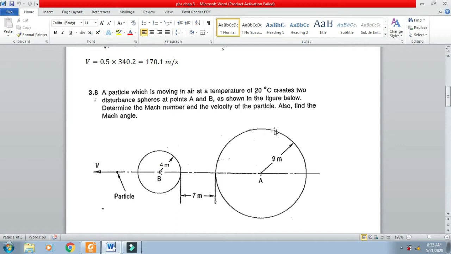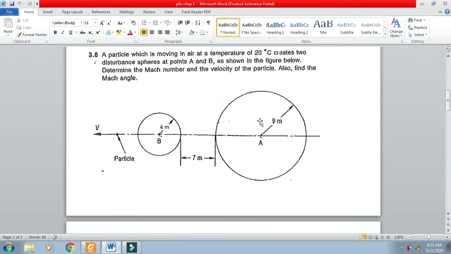The distance traveled by the wavefront from point A is 9 meter. The distance traveled by the wavefront from point B is 4 meter. So this is the snapshot at the final instant for the particle and for the wavefronts.